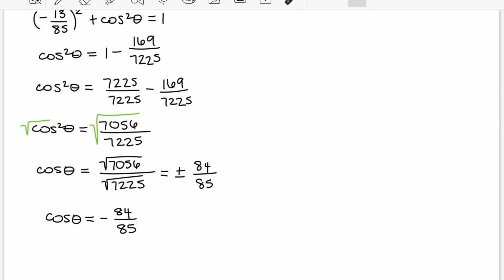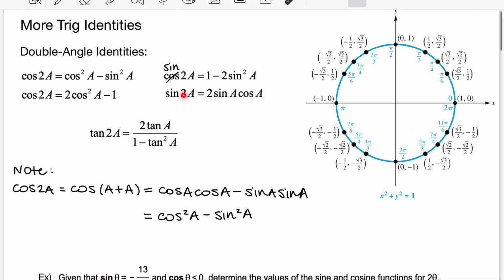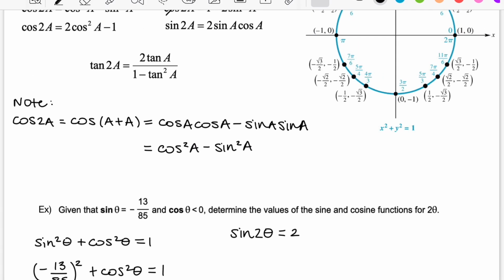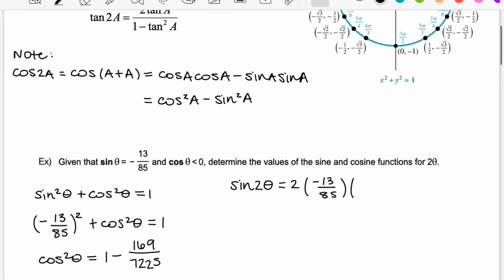Okay, so now we know cosine theta and we know sine theta. We can plug those values into this identity here to get sine of this double angle. So this tells us sine of 2 theta is going to be equal to 2 times sine of theta, which we'll just plug in. So that'll be negative 13 over 85 times what we got for cosine theta, which is negative 84 over 85.